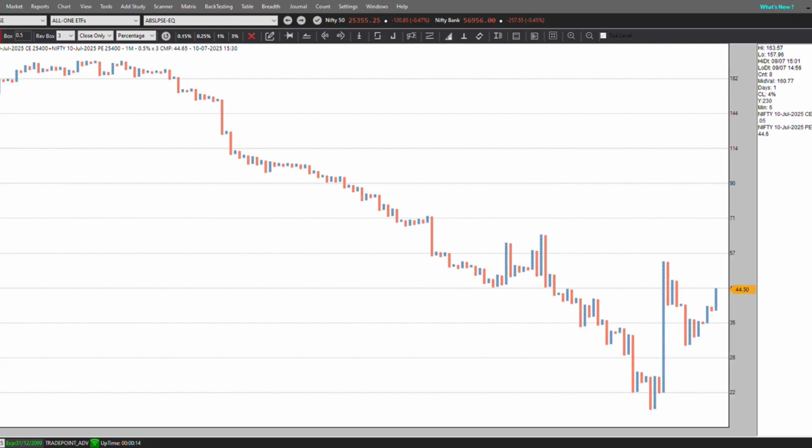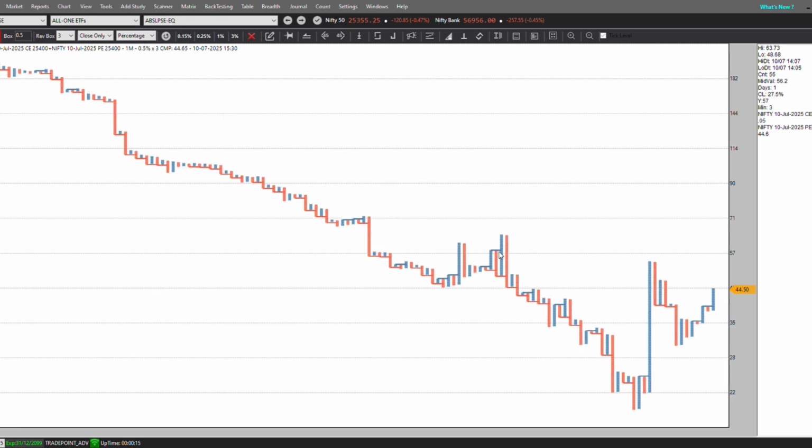I will use a double bottom sell, which is in a tomato color on this chart, and a double top buy, which is in a blue color.